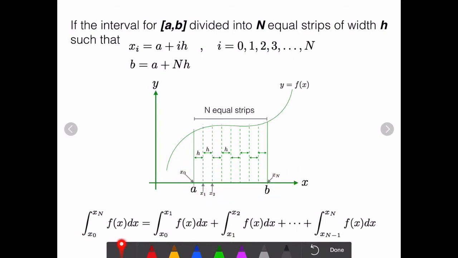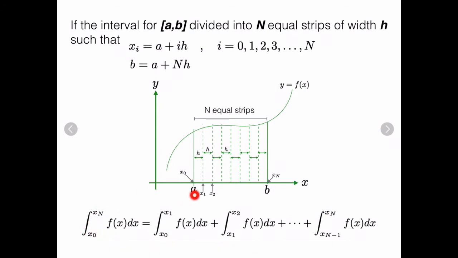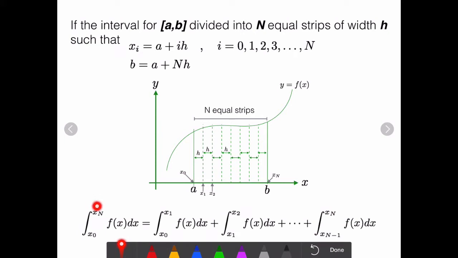Each increment increases by h, the step size, let's say 0.1. So every x here will increase by 0.1, 0.1, 0.1, like that. Let's say we want to get the integration from a to b. We just replace the a here with x0, and b with xn, so we have n strips.